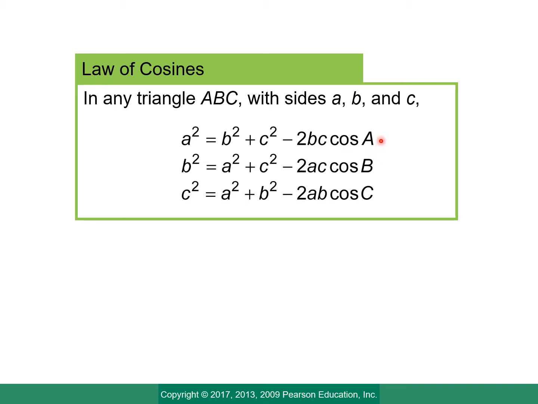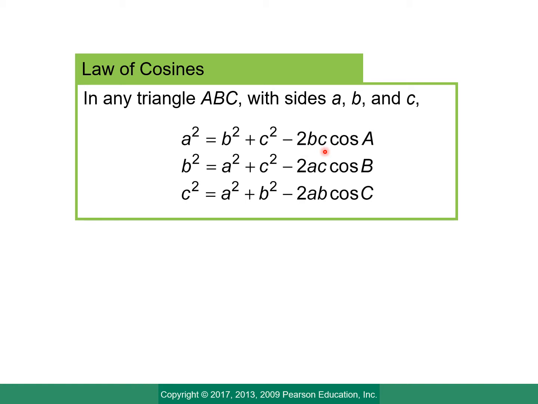Instead of memorizing all three, you can just recognize the pattern. You have one side squared equals the sum of the other two sides squared. And then you subtract twice the product of those two sides. Notice b squared plus c squared, you subtract twice b times c.